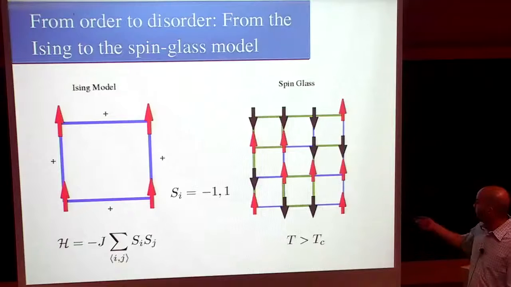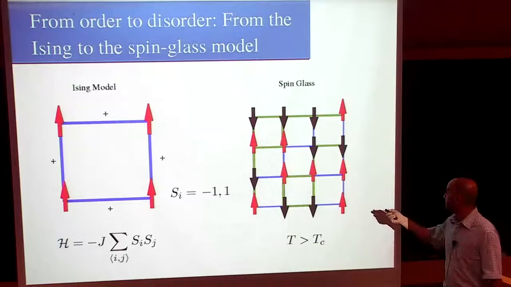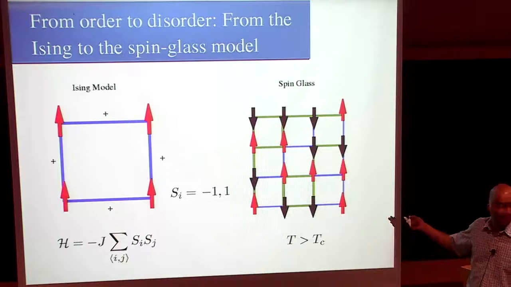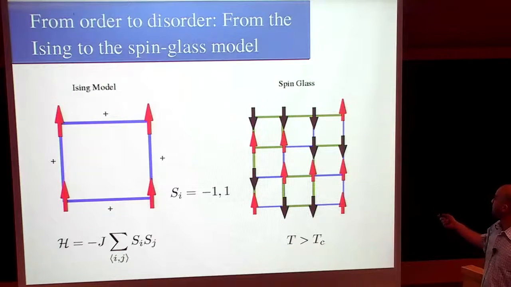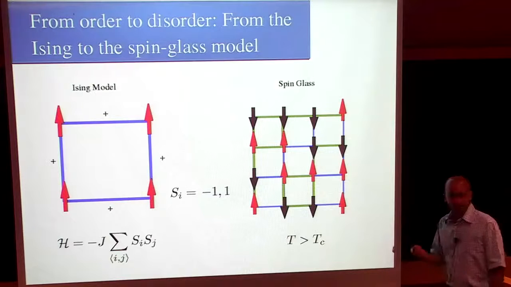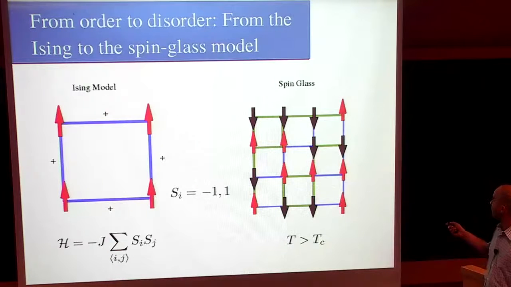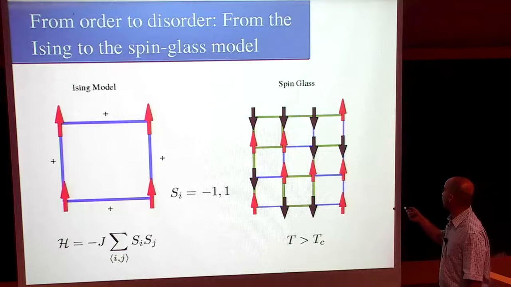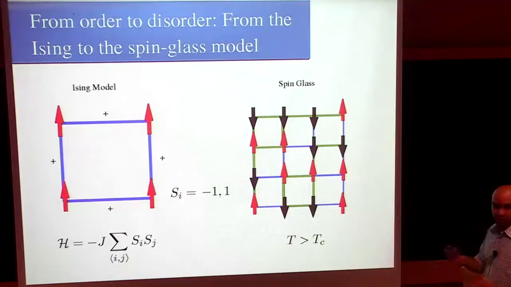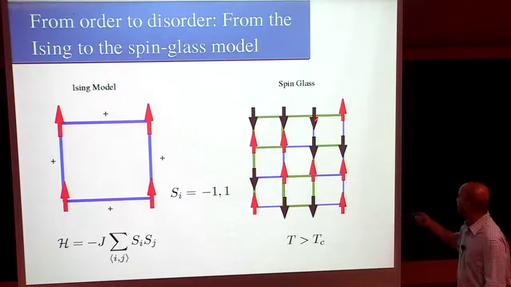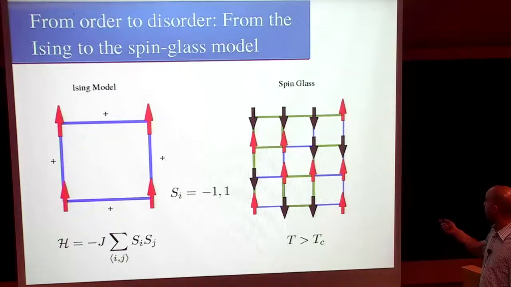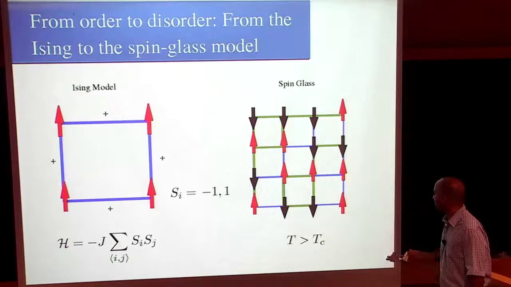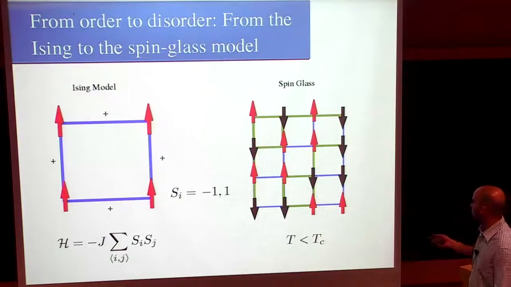In a similar way, the spin glass is defined on a lattice. In this case it's again a square lattice, and we again have spins that can point either up or down. But the big difference is that the spins can be coupled ferromagnetically or anti-ferromagnetically. We introduce disorder into the system by picking the bonds randomly. Again, this system has a paramagnetic phase at high temperatures, and at low temperatures there's a spin glass phase.